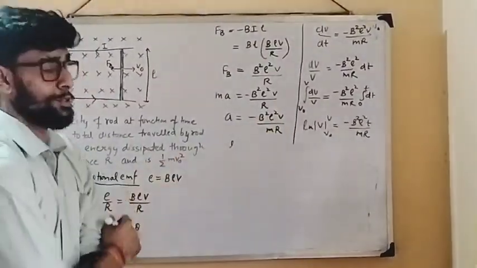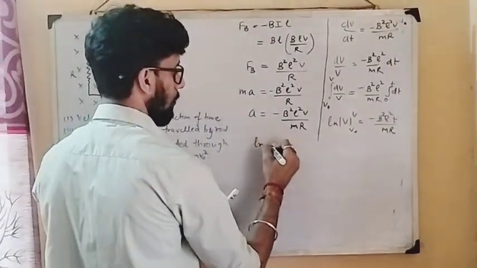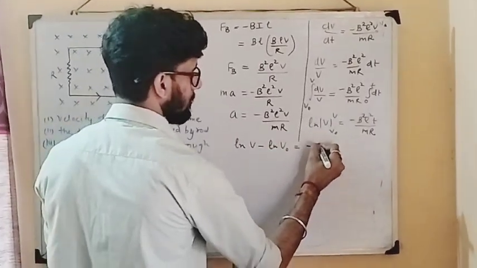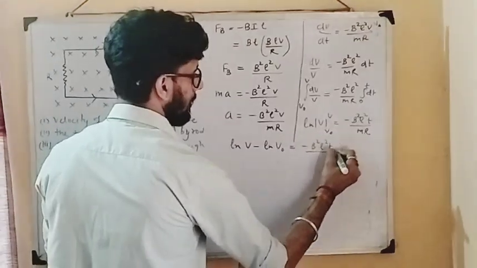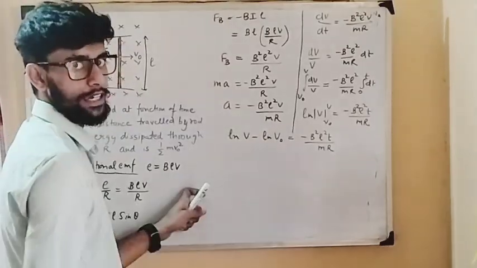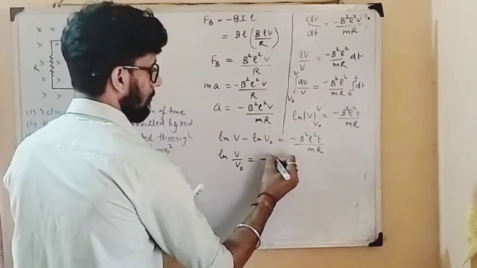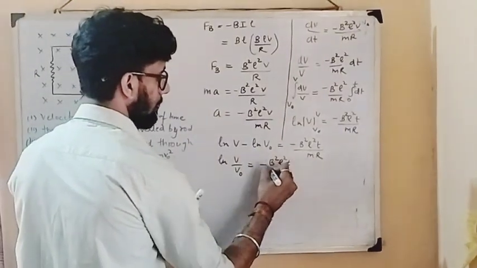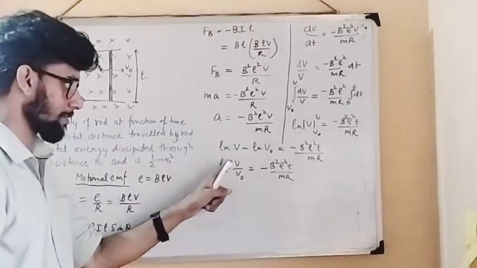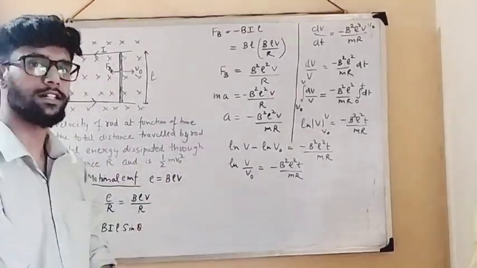Now if we put in the limits, upper limit minus lower limit, that will be natural log of v minus natural log of v naught is equal to minus B squared L squared t by mR. Since log m minus log n is equal to log m by n, that can be written as log v by v naught is equal to minus B squared L squared t by mR. To remove the log function, since we are going to find the velocity, we take the exponential function because the exponential cancels the natural log.